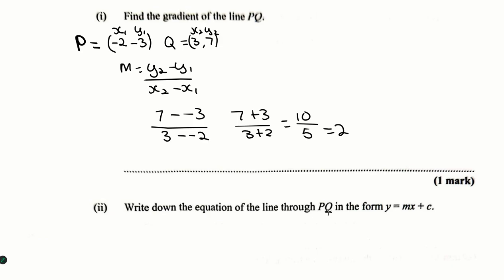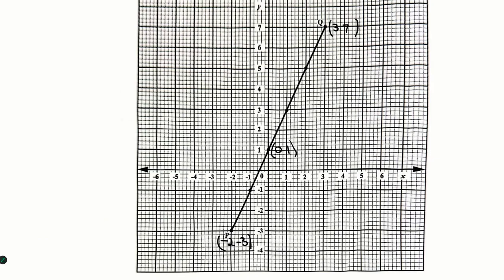Write down the equation of the line PQ. So again, we know gradient is 2, and C, which is my y-intercept, we already said was 1. From the graph, where this line intersects your y-axis, the y value is your y-intercept, or your C value.